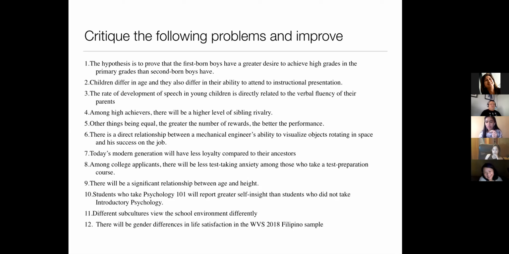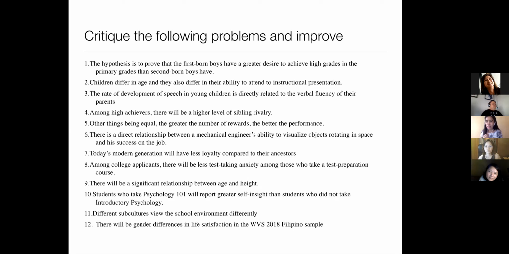Okay. Mga dev. Ma'am, verbal fluency and rate of development of speech. Parang magkaiba siya, no? Oo. So, kasi one is kung gaano siya, well, the fluency of parents is, I mean, parang similar kasi yun yung language, that's broader.